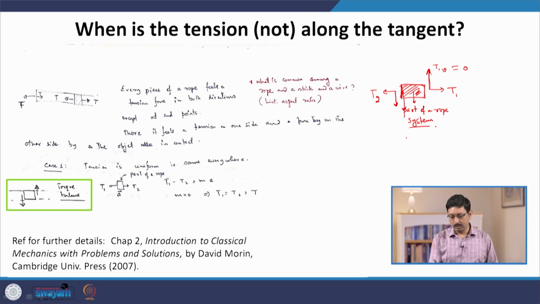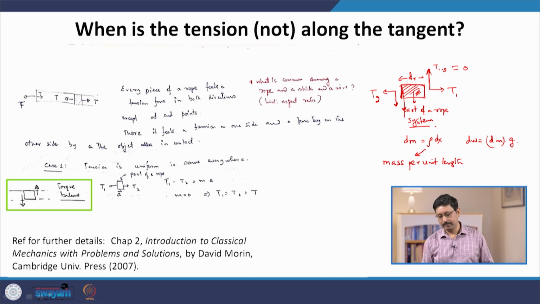The weight of this rope will be dm, which is the mass per unit length, also called the linear mass density, times dx, the horizontal length of the rope, and the weight is dm times the acceleration of gravity.